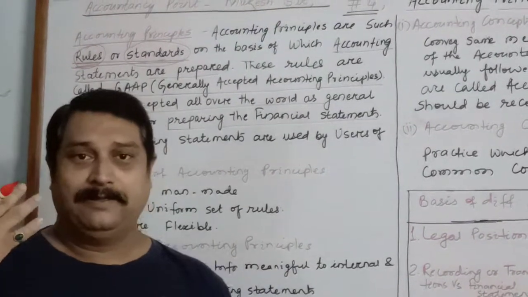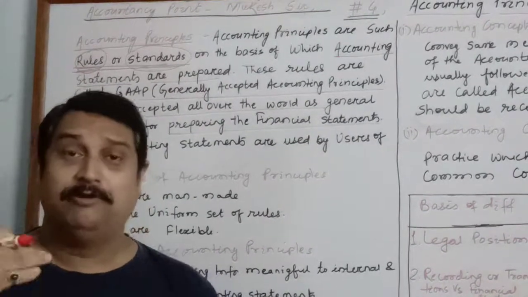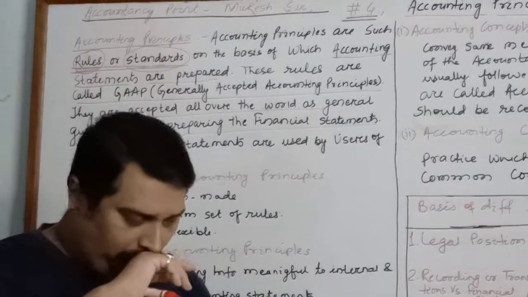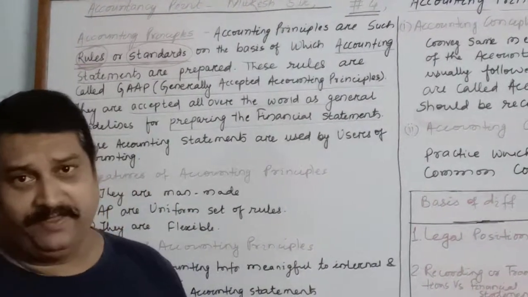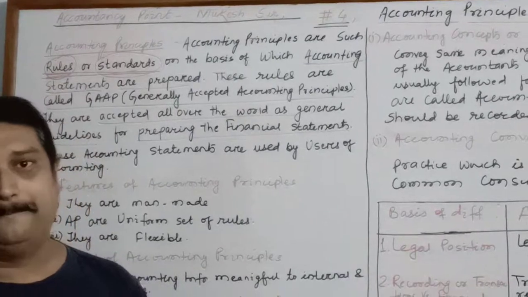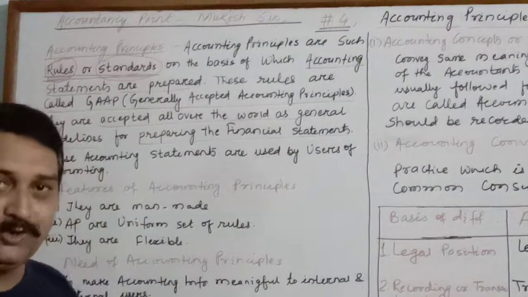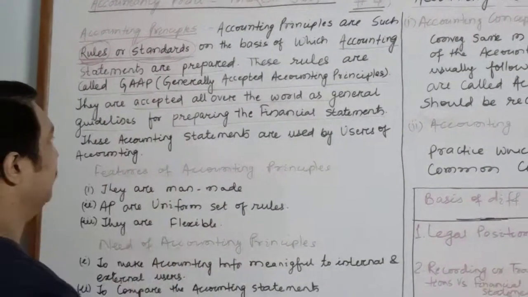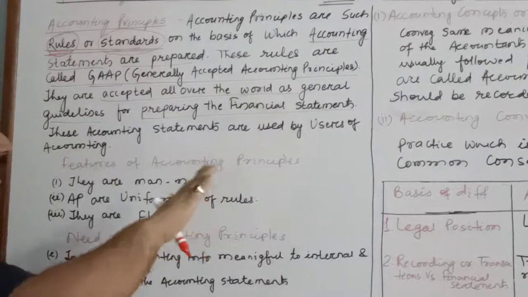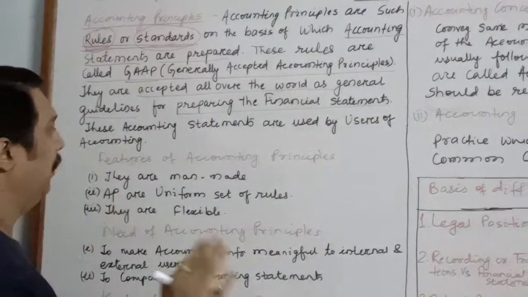If the accounting principles followed by me are not the same as the others', we will not be able to compare where we stand. So those accounting principles are referred to as the generally accepted accounting principles, and they have been widely used and accepted all over the world.